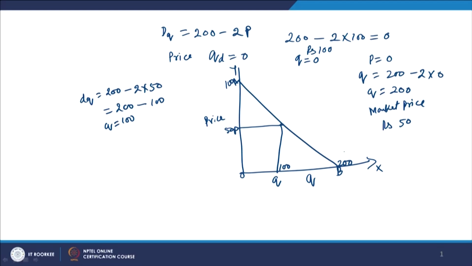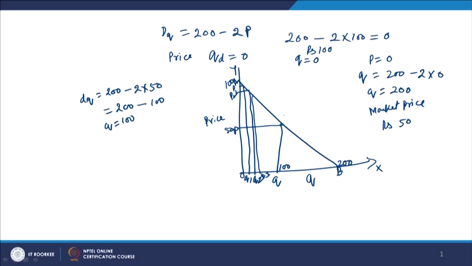So, if you take 1 unit, the consumer is paying this P1 price for Q1 quantity. If price reduces, Q2, P2, then Q3, etc.